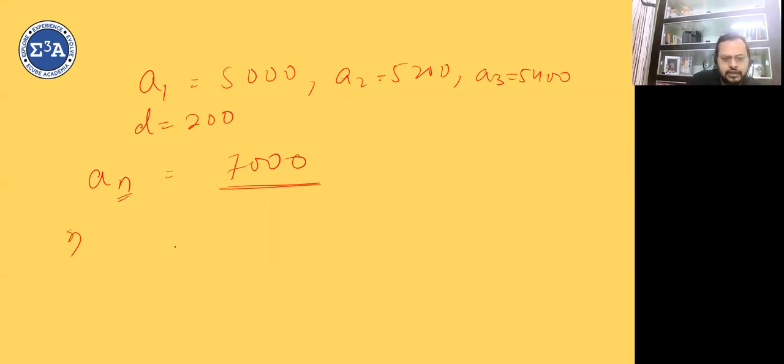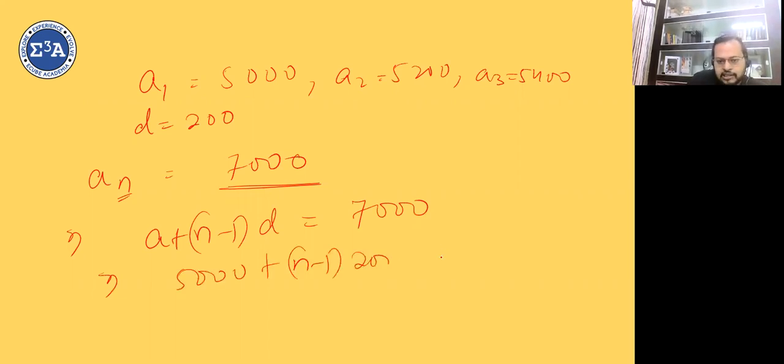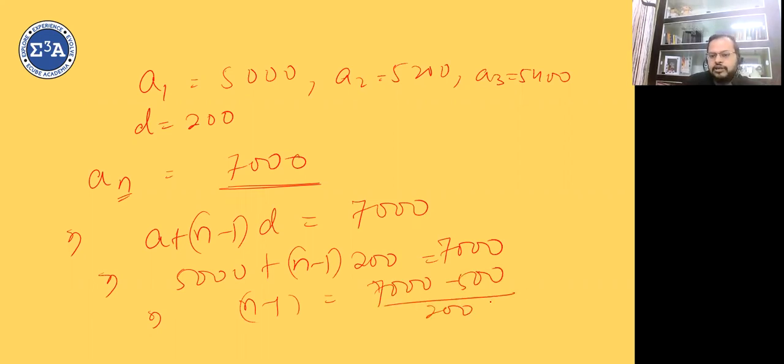So A plus N minus 1 into D should land us at 7,000. 5,000 plus N minus 1 into 200 is equal to 7,000, which implies that N minus 1 is equal to 7,000 minus 5,000 by 200, which is 2,000 by 200, that is equal to 10.